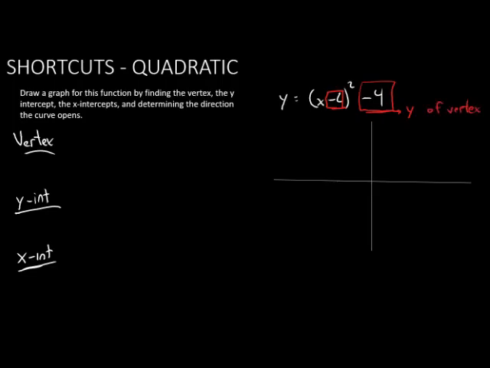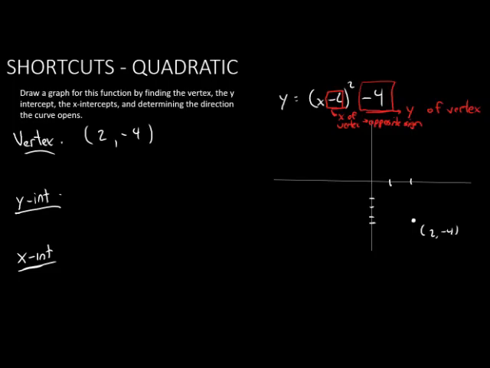This minus 2 that's on the inside of the parentheses is the opposite of the x value of the vertex. So in this case, for our vertex, we'll say our y value is negative 4, and then our x value is the opposite of negative 2. That's positive 2. We'll place that on our graph by going right by 2, down by 4.